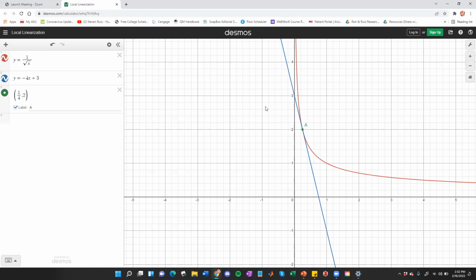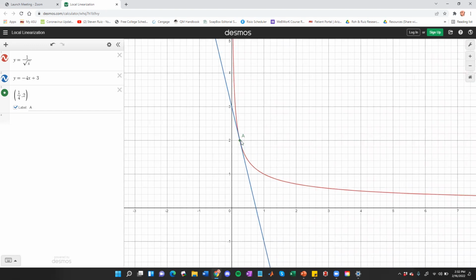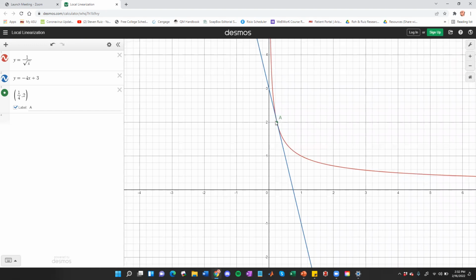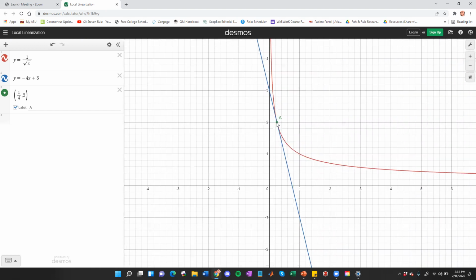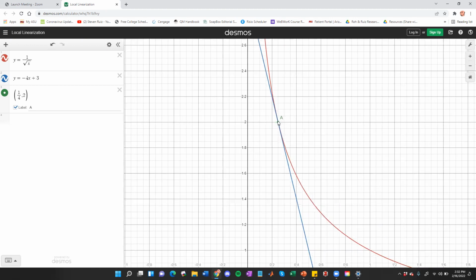But at that point, I do know something about the slope of the tangent line, and I have that one location, that point. What do you think is going to happen if I zoom in really close on that point A? Do they touch?